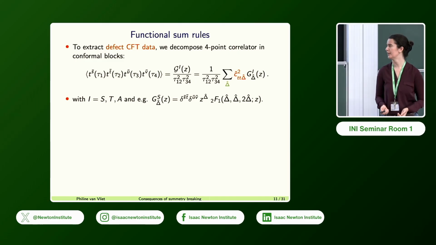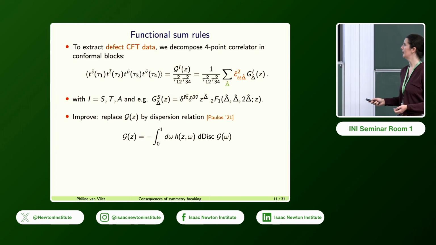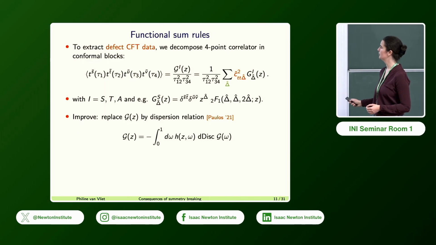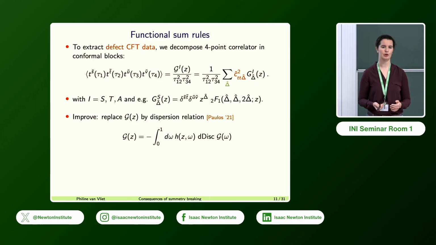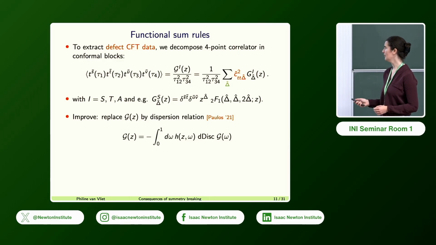But there's something more that we can do. We can improve this a bit and replace G by a dispersion relation. This dispersion relation is given by the double discontinuity of this function G, and it has some kernel that is known how to work out, and this is what we also did in our paper.